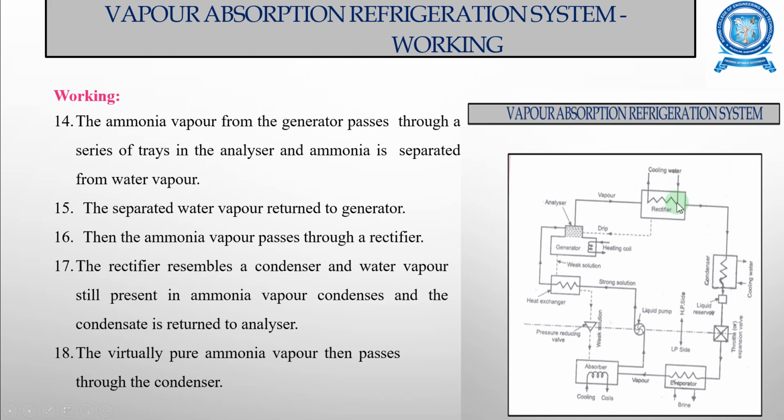This rectifier resembles a condenser, and the water vapor still present in the ammonia vapor gets condensed, and this condensate is returned to the analyzer again. So the virtually pure ammonia vapor is then passed through the condenser. So the condenser unit receives only pure ammonia.